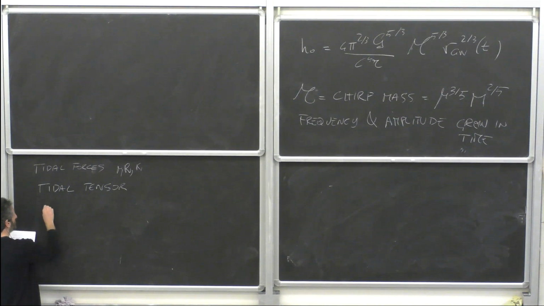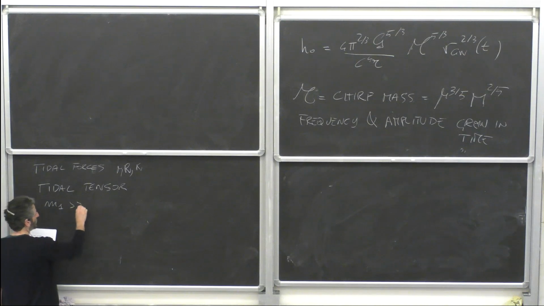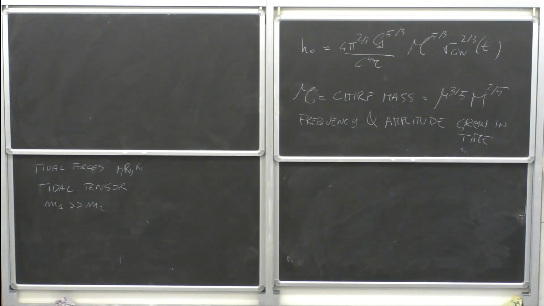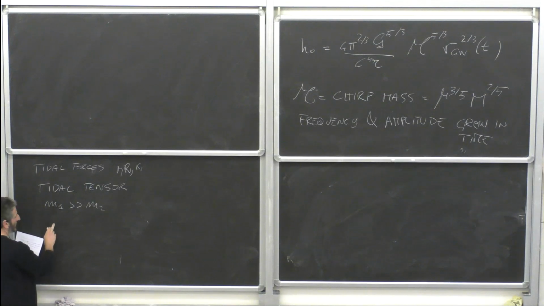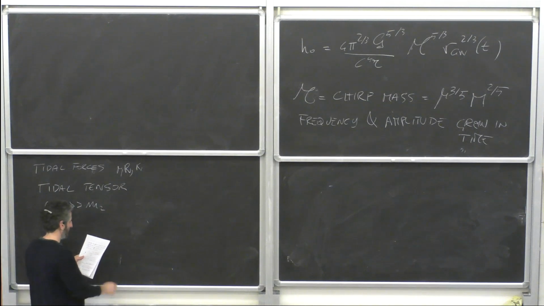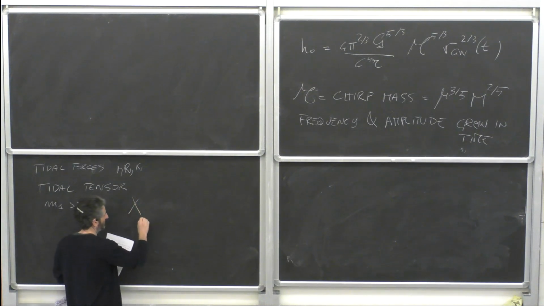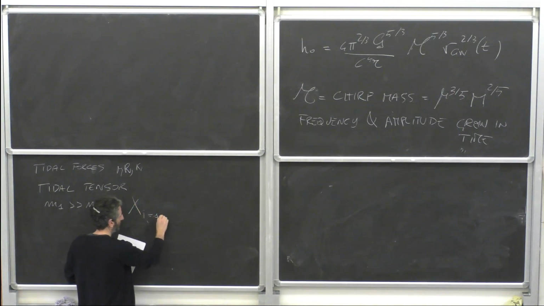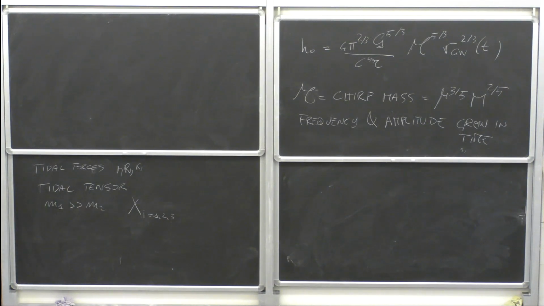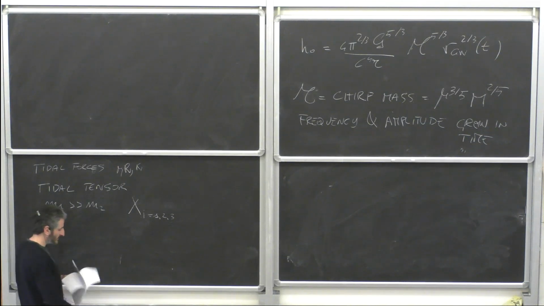To do this, let's do as always our sketch of a two-body system in which we have two masses, M1 and M2, with M1 much larger than M2. I have some coordinates that I call capital X. With Newtonian gravity there's no time component, everything is purely spatial components.